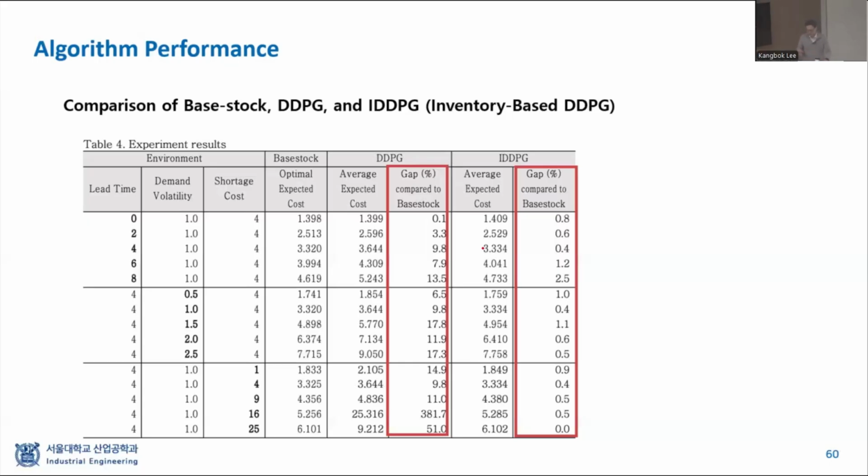Then the DDPG as a naive approach cannot guarantee good performance. It's kind of not stable. However, by just reducing the state space and also the action space that we can think of, this IDDPG effectively shows better performance, which is substantially better in terms of variability.